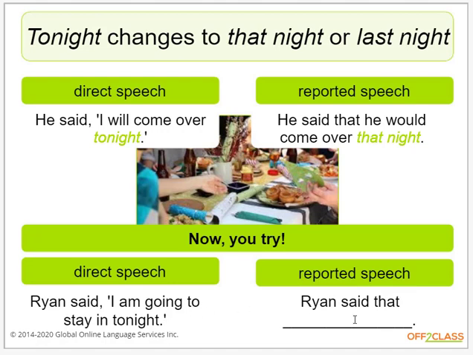What's the answer here? There's multiple answers this time. Ryan said that he was going to stay in that night, or you can choose a day. So if tonight's Monday, then you could say that Ryan said that he was going to stay in on Monday night.